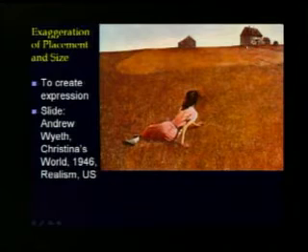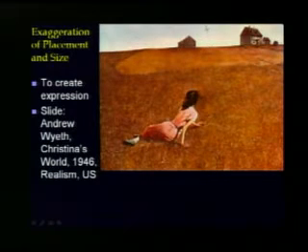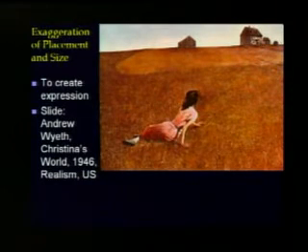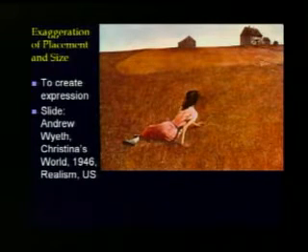And so to emphasize that, he has a very high horizon line, where we see the sky beginning almost at the top of the composition. And he's placed the house at the very top of the composition. So that idea of placement is meant to say this house is really far away from her.